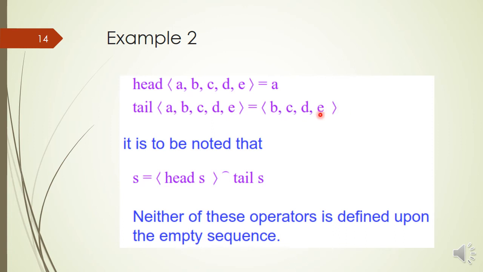A sequence S can be represented by concatenating a sequence containing the head value and a sequence of the tail value. So the concatenation operator actually joins the two sequences to get a single sequence.